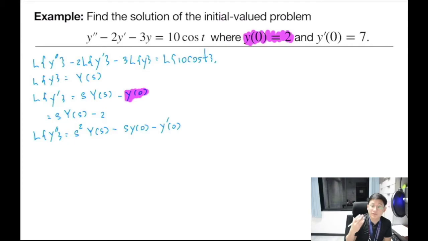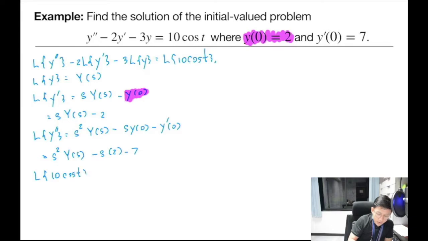You need to be really familiar with these theorems, these results. So here that's s squared Y(s) minus s times y0, which is 2, and then minus 7. Okay, and the Laplace transform of 10 cos t would be 10 times the Laplace transform of cos, which is just s divided by s squared plus 1.